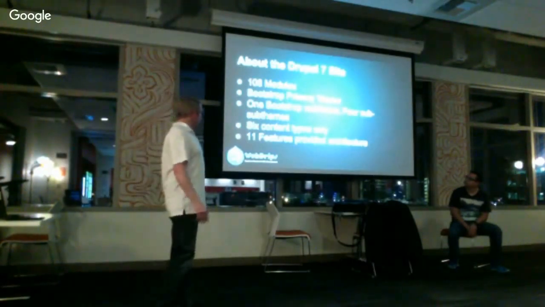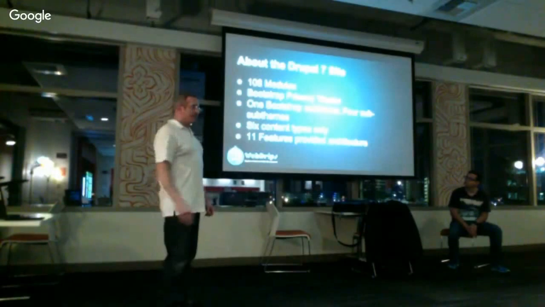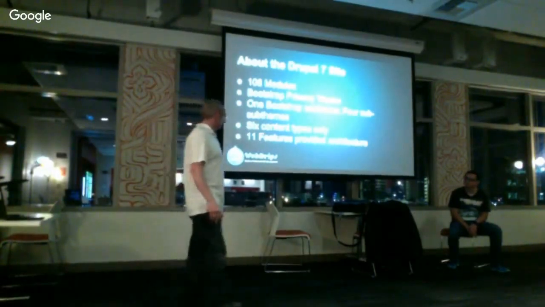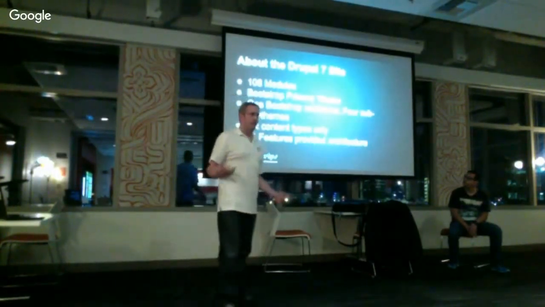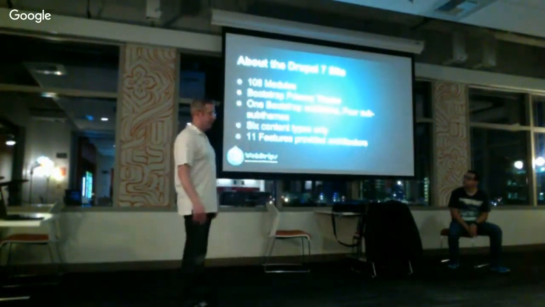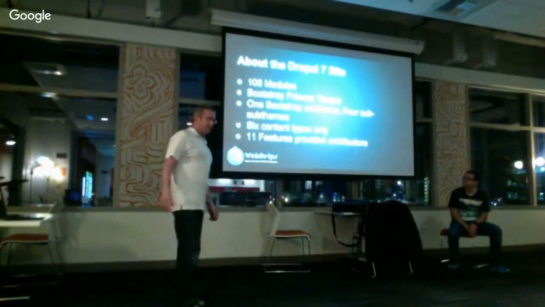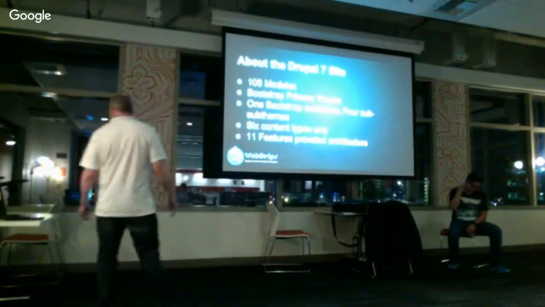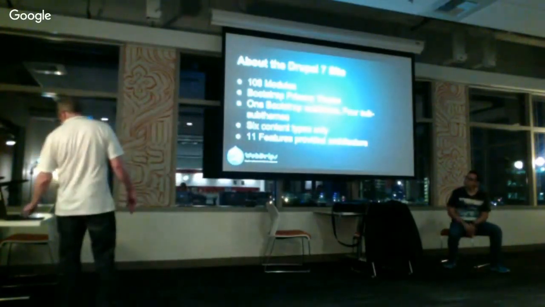They brought it all the way down to 6 content types, and divided the architecture up into 11 different features. And those features were what was used to build the site from scratch.